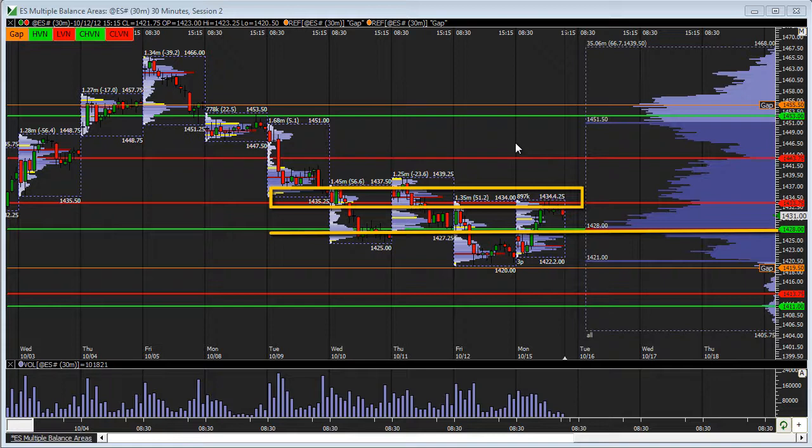It would open the door to test 1443 to 1445, and then eventually 1451 to 1453. Now, if you recall, 1453 is that prior area of acceptance that we shifted down from, right, when we headed back down towards 1428. So at this point, we're using this as our primary chart for some short-term ideas over the next 2 to 4 days.